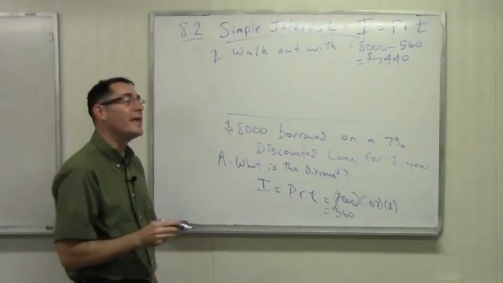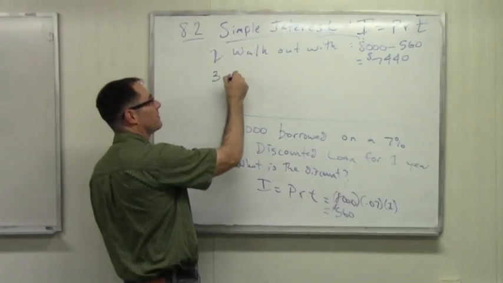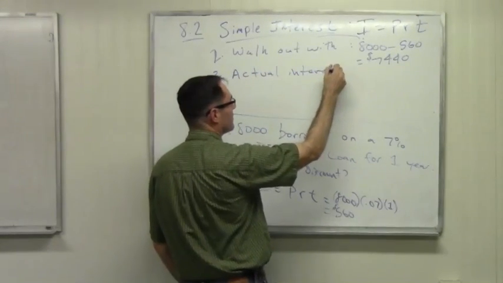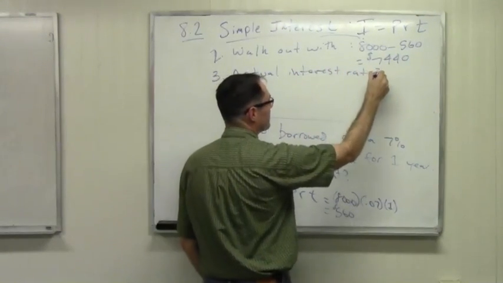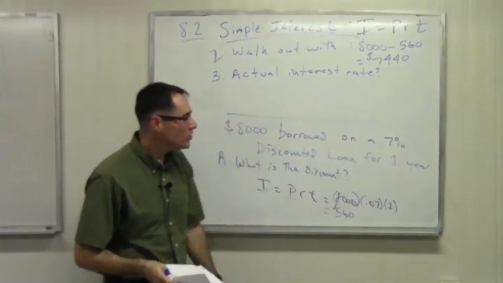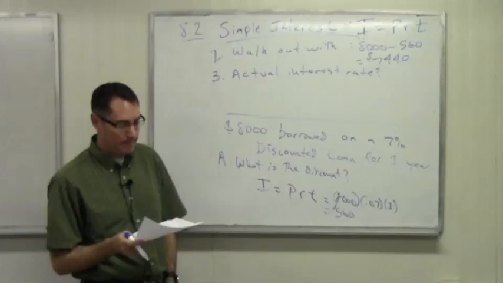But the question is, what's the actual interest rate? What does this mean? You still have to pay back the $7,440. You're going to do it over 1 year.